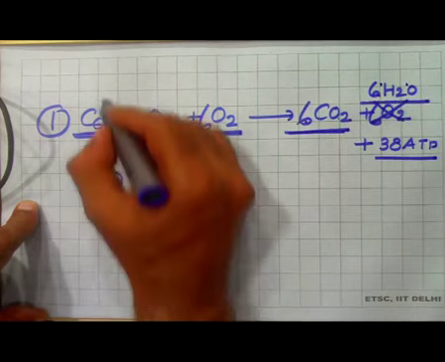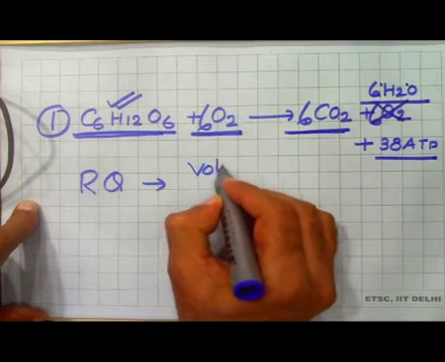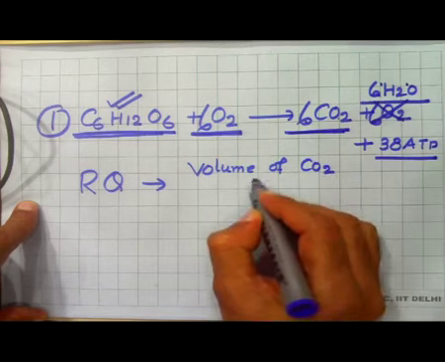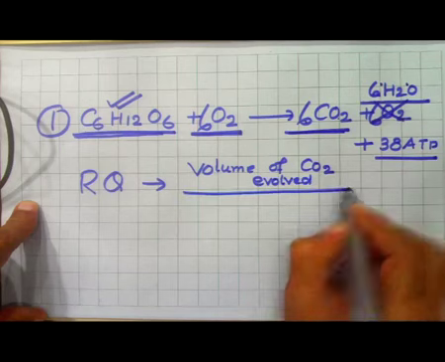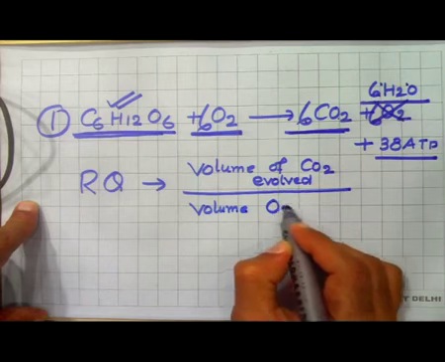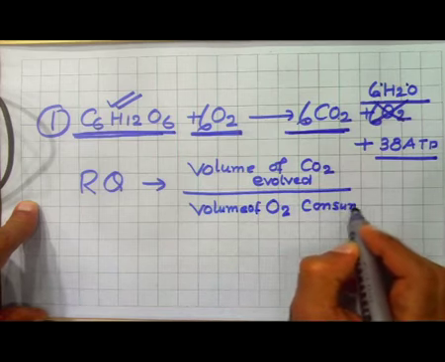So, the RQ of carbohydrate, that is glucose, is the volume of CO2 evolved divided by the volume of O2 consumed.